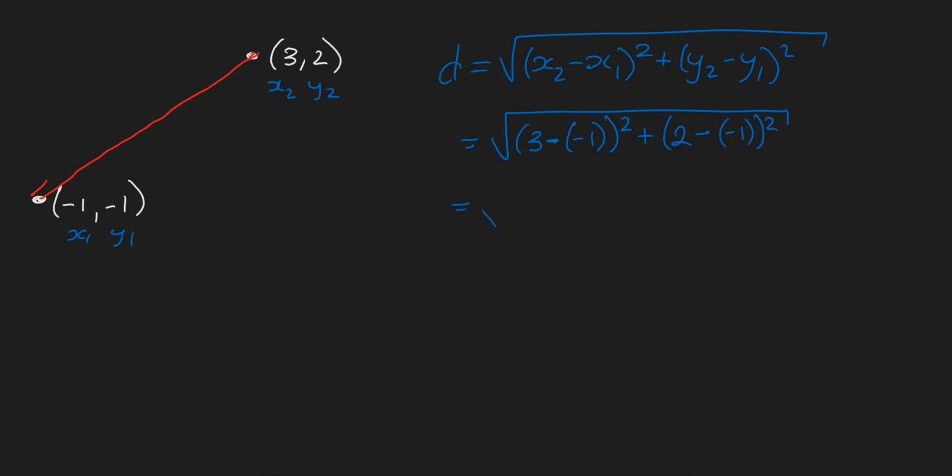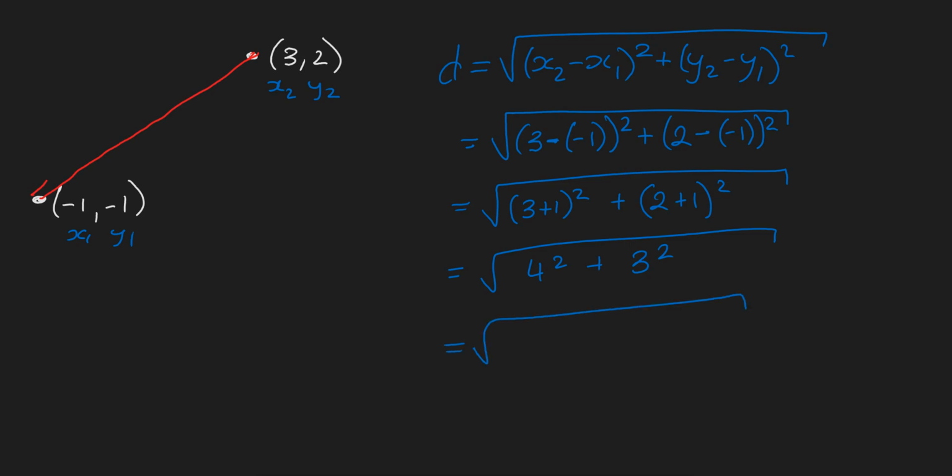Now, this is where some of your algebra or number skills come in. A negative by a negative becomes a positive. So you'll get 3 plus 1 squared plus 2 plus 1 squared. You can now simplify it to 4 squared plus 3 squared. 4 squared becomes 16, and 3 squared becomes 9.